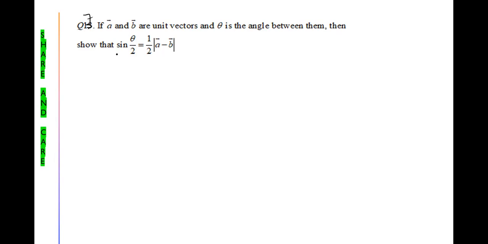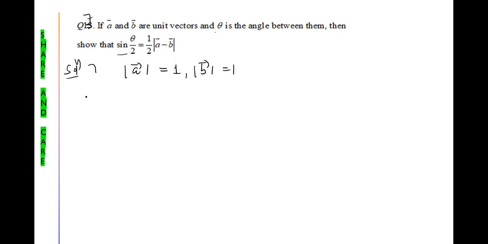So you are given sine theta by 2 equal to this, theta is the angle between them, and A and B are unit vectors. So solution 7: we are given magnitude of A equal to 1, magnitude of B equal to 1. Okay, that is given to us. Theta is the angle between them.